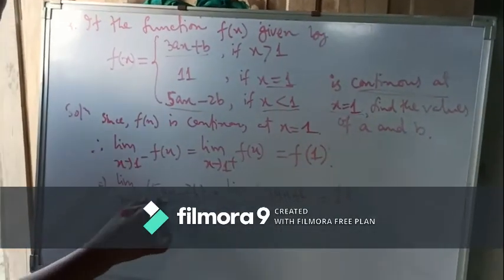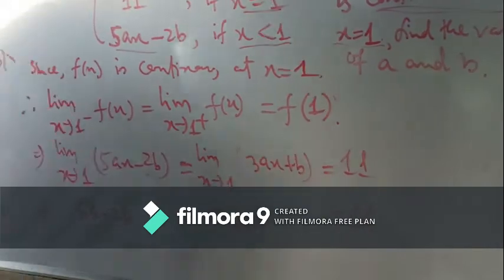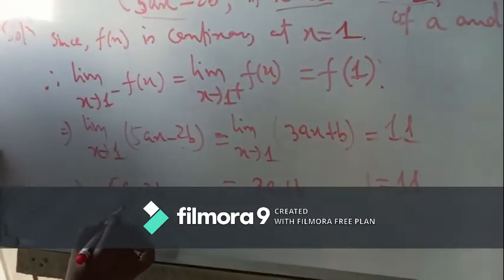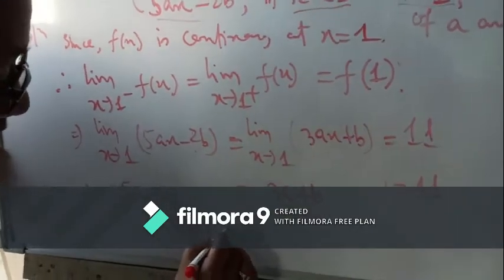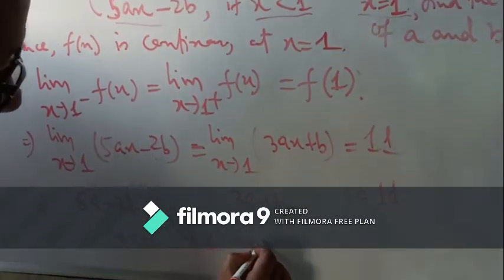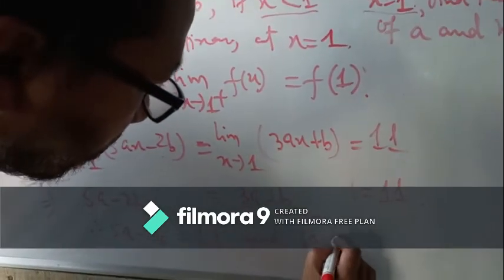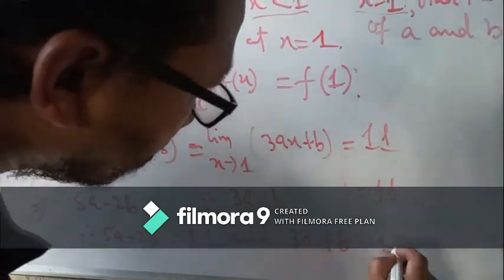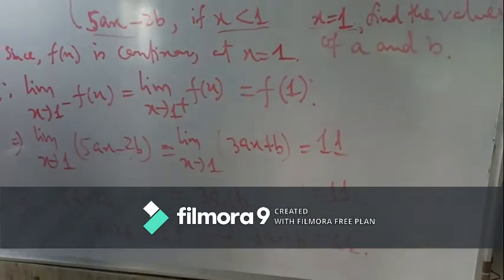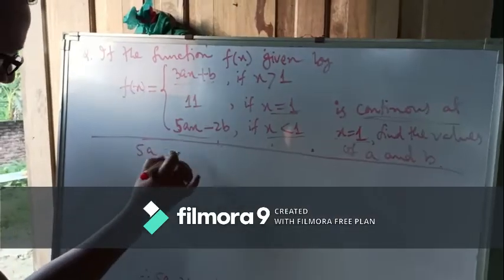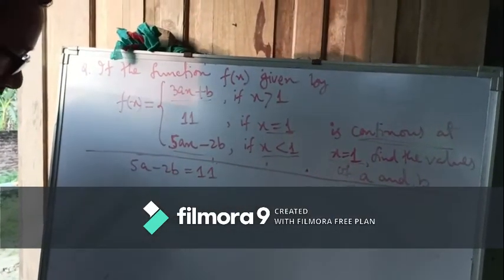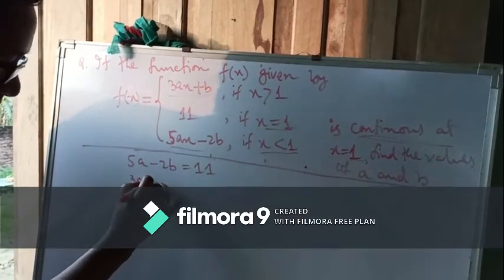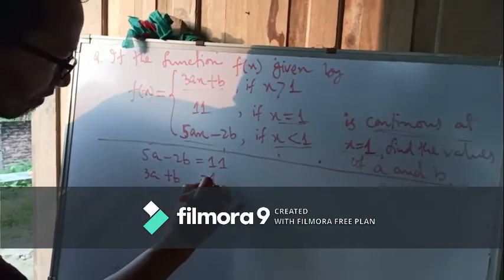We will put x equal to 1. Now we can write 5a minus 2b is equal to 11 and 3a plus b is equal to 11. Now we have to solve these two: 5a minus 2b is equal to 11 and 3a plus b is equal to 11.